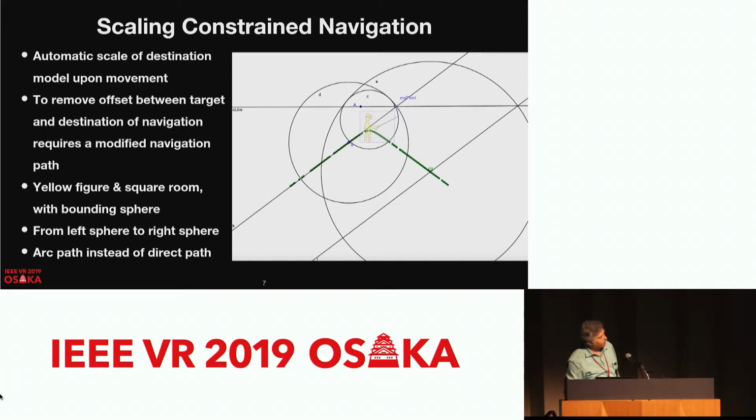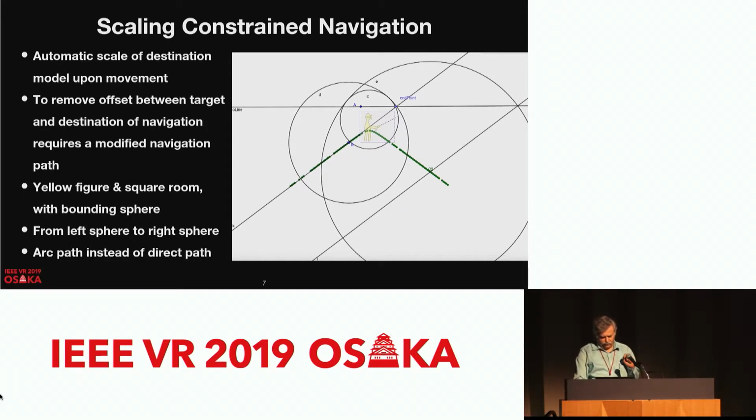Maybe it's a little bit difficult to see, but in the middle there's a square room, and this is bounded by its own sphere. On the left-hand side, we have the current sphere. We want to get to the right-hand side, and we have to use this arc transition so we can transition from one engulfing sphere to the destination one.